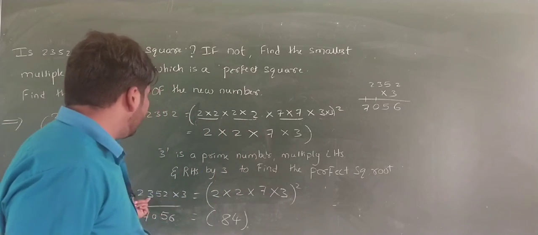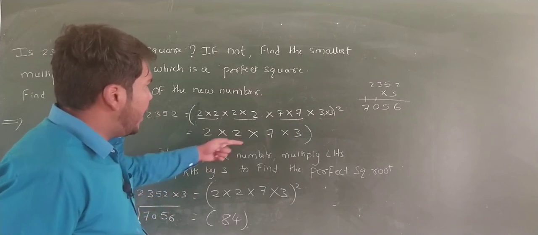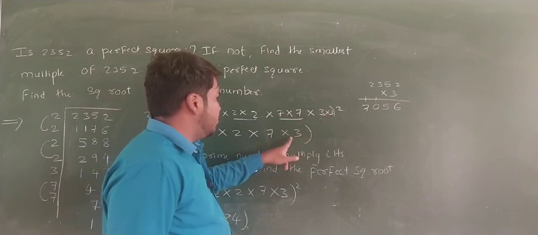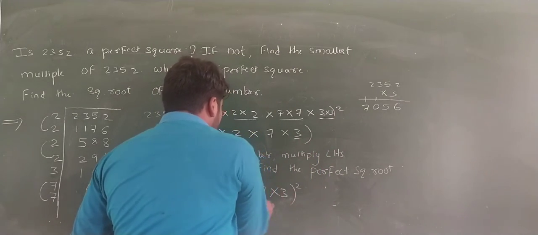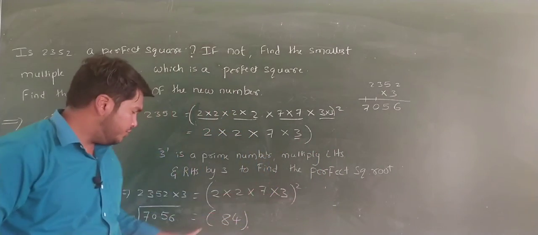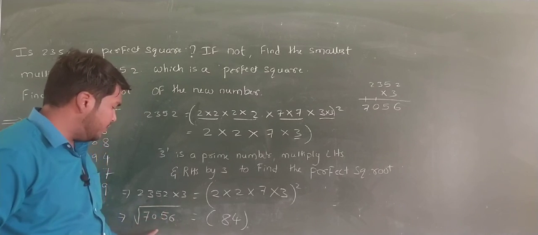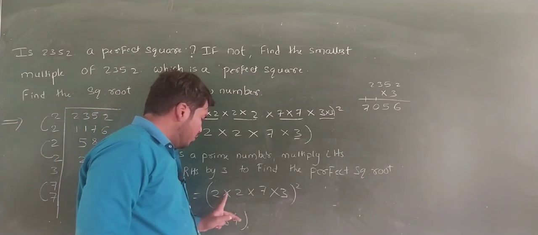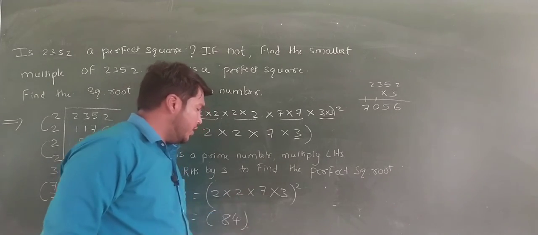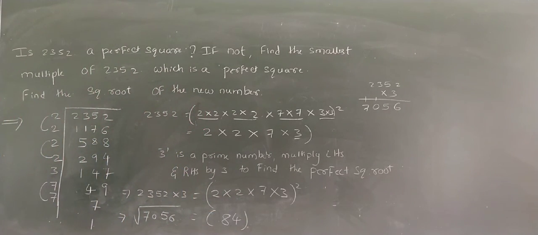See here, 2352 I am multiplying into 3, and similarly I am multiplying here into 3, and from these two pairs I will write only one 3, and this square I will shift to LHS, so it becomes root of 7056. Just multiply this number: 2 2s are 4, 7 4s are 28, 28 3s are, you get 84. I think you understood this concept.